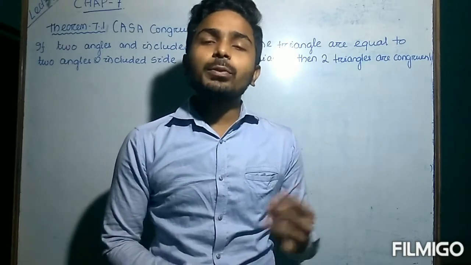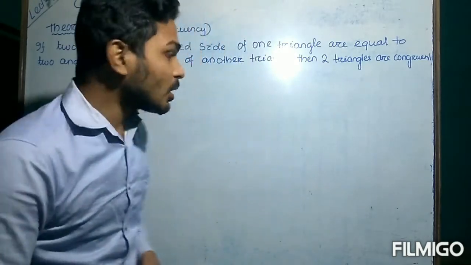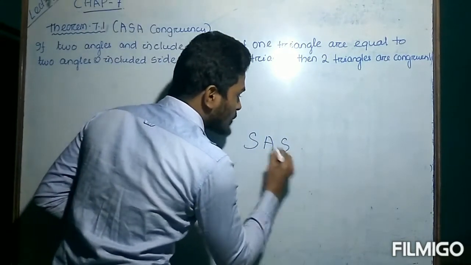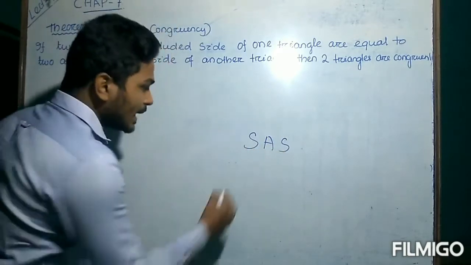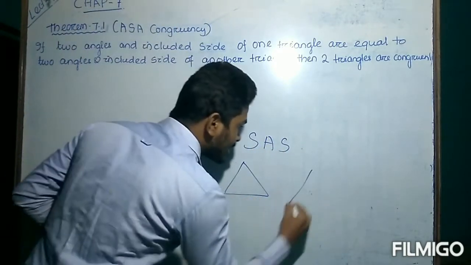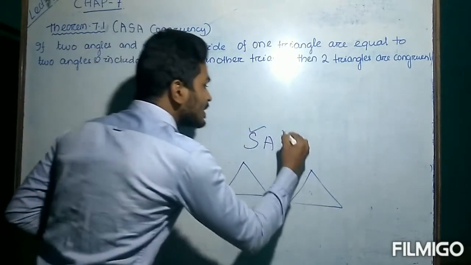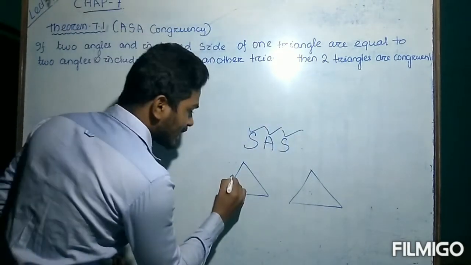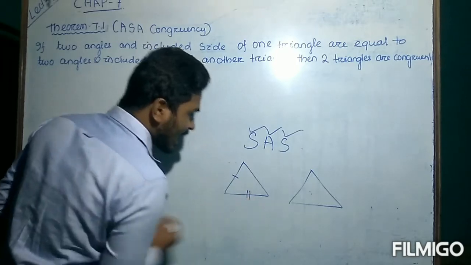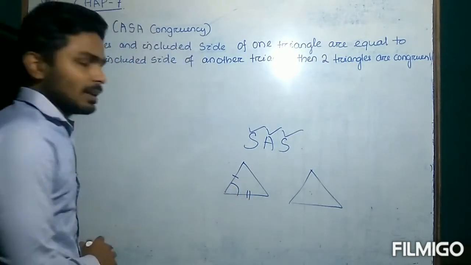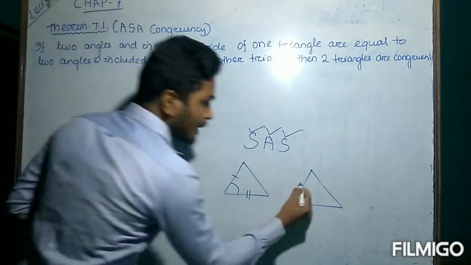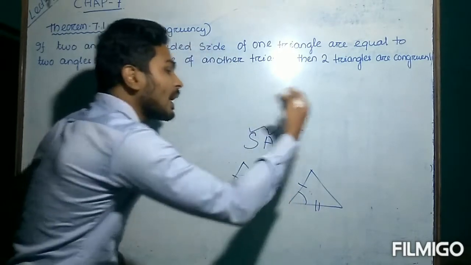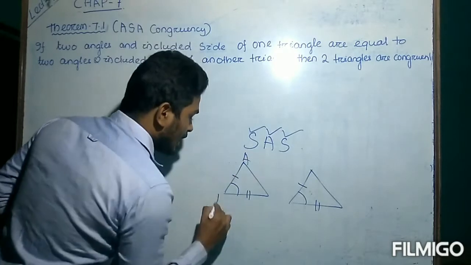In lecture number 3 we discussed the congruency of triangles through SAS congruency. It means that between two triangles, if any two sides as well as the included angle, for example this side and this included angle, are equal to two sides and the included angle of another triangle.